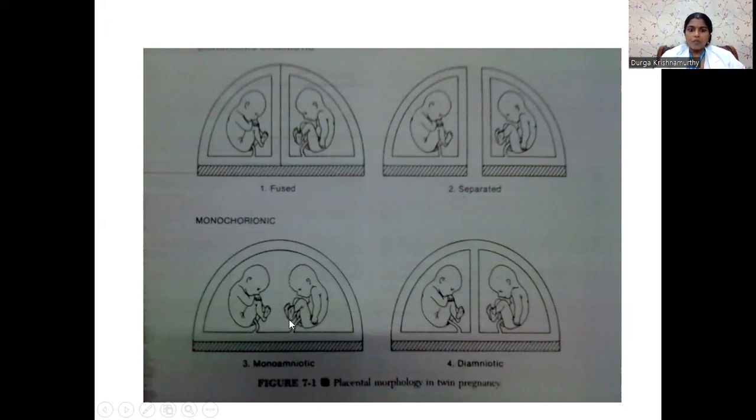And it could be monoamniotic, in the sense it has only one gestational sac and the two babies develop here. Or it could be diamniotic. Here you see two placentas. So this type will come under dichorionic and diamniotic.